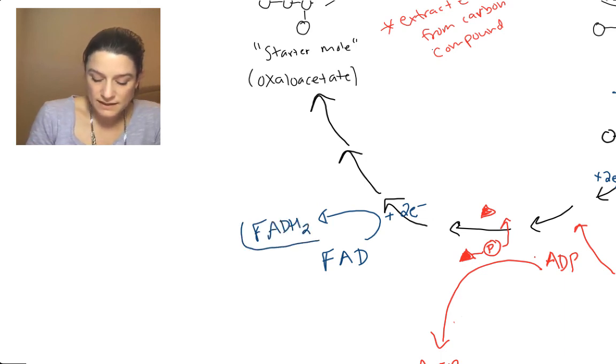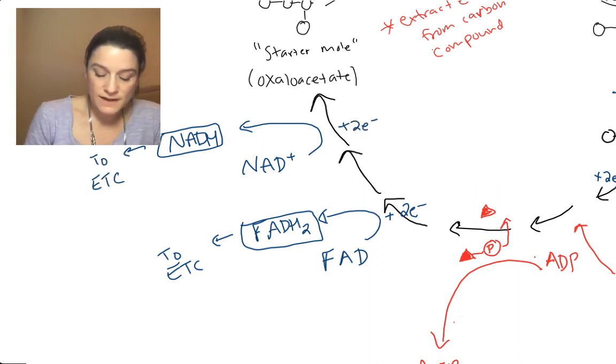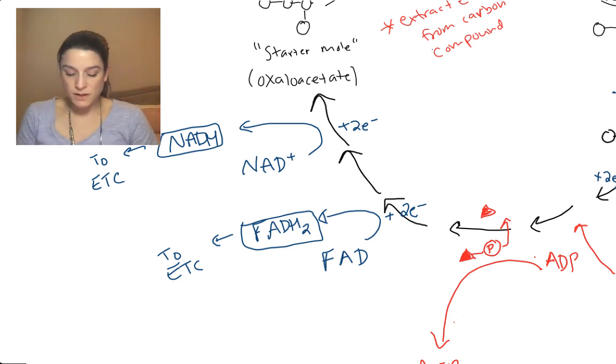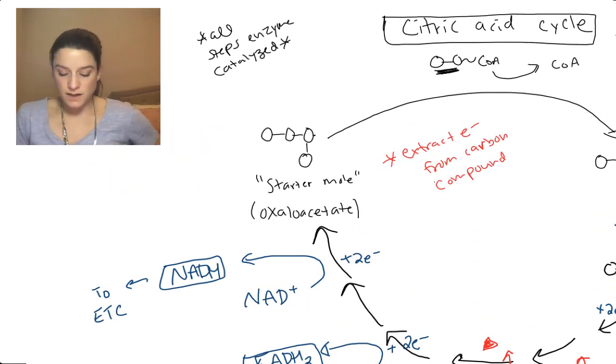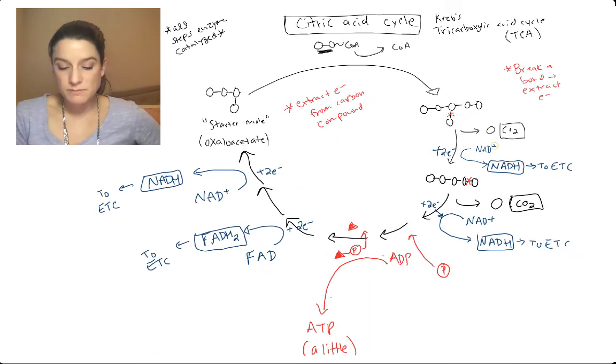So that is, again, going to carry electrons to the electron transport chain, and then we make another round of NAD+ to NADH. Again, has the electrons, and guess where it goes? Electron transport chain, plus 2 electrons in there. Okay, and then we're back. The molecule has been rearranged back to this starter oxaloacetate here, and then it can happen again.